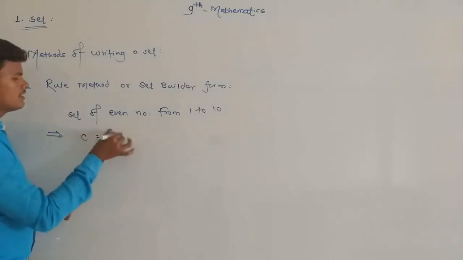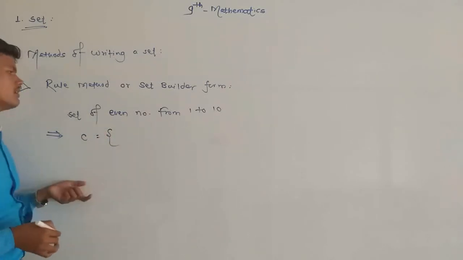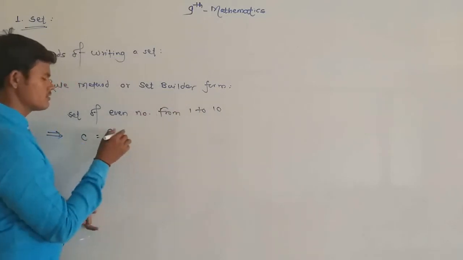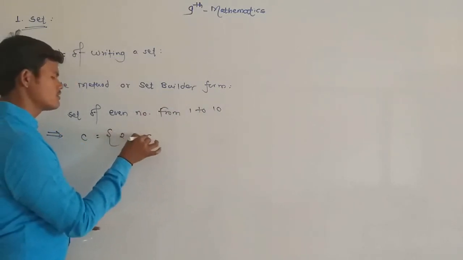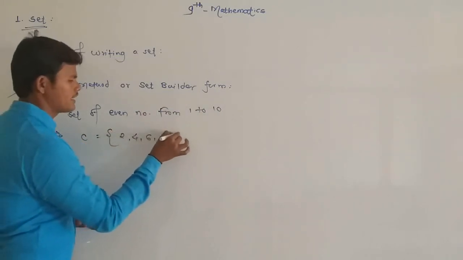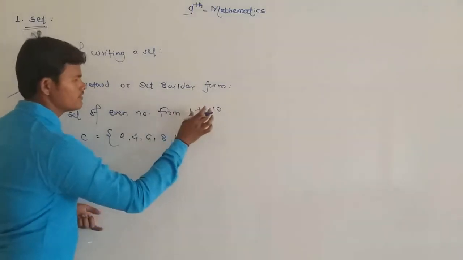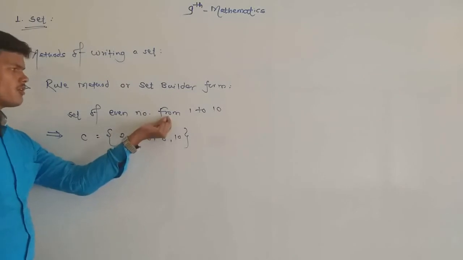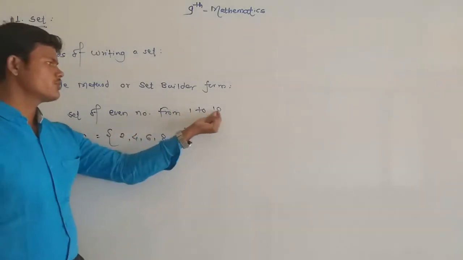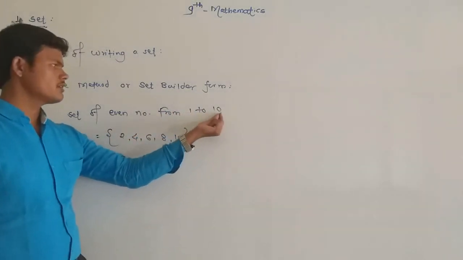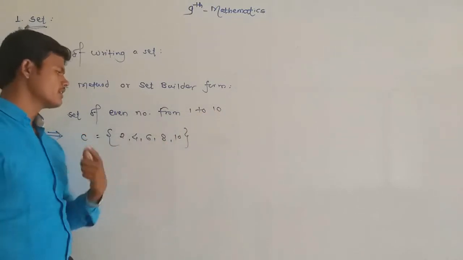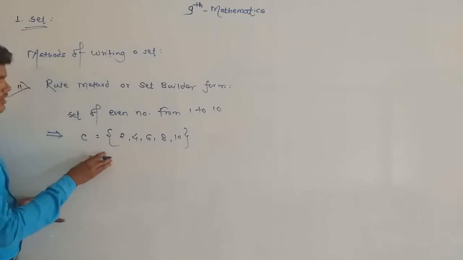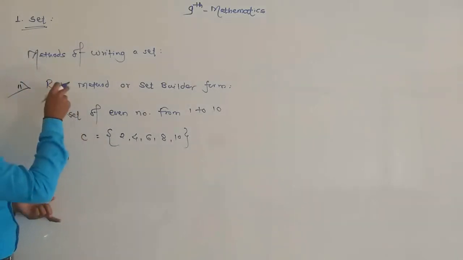Then write all the elements in curly brackets. Then which elements between 1 to 10 are even? So 2, 4, 6, 8 and 10. Here we are considering the first and last element because the word is from, so we are considering 1 to 10. So the last even number from 1 to 10 is 10. Okay, now we have written the set by using the listing method. Now write this set by using the rule method.